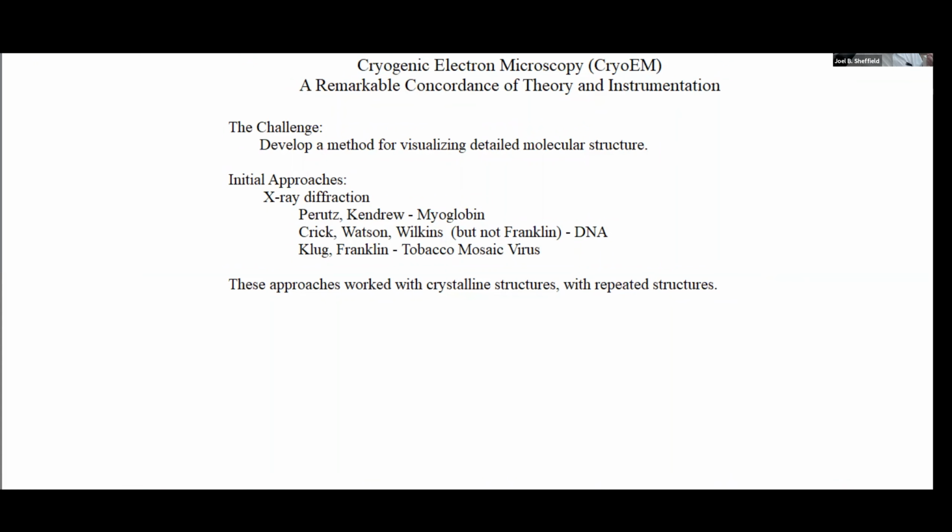So it started with people interested in protein structure in the 1950s, 1960s. You're certainly in some way vaguely aware of this whole approach of X-ray diffraction, in which basically you set up a crystal of the protein that you're interested in.